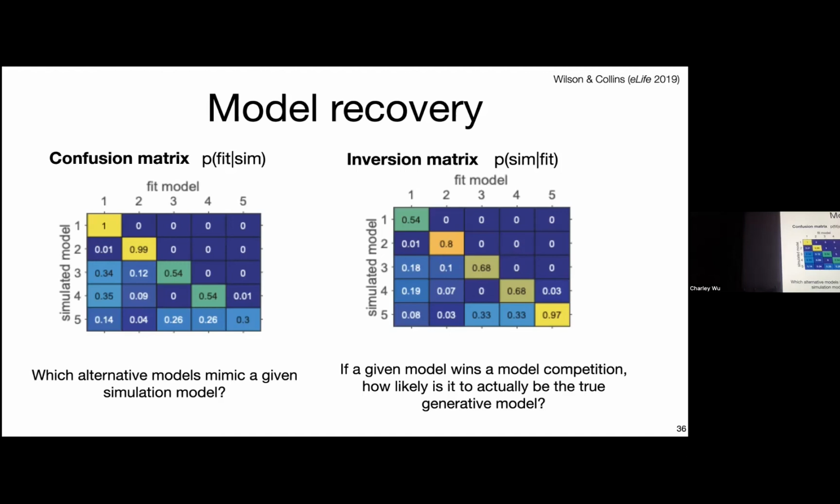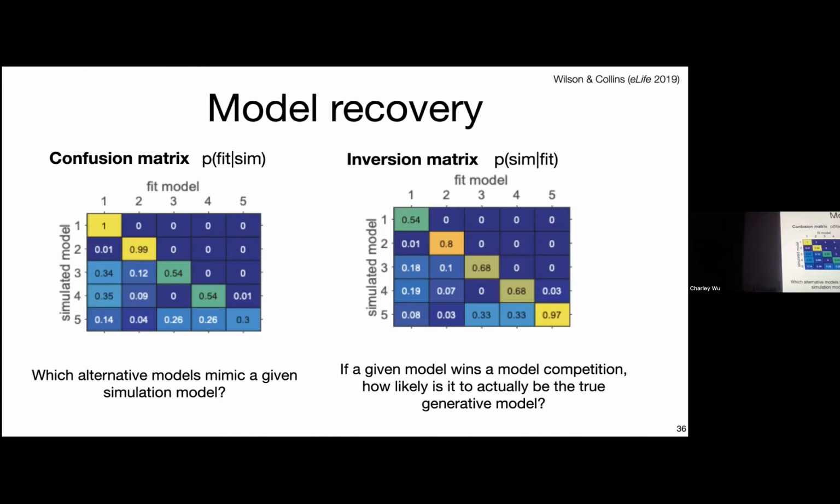And I think the most notable thing here is that for model 1, right, we're actually not very confident that when model 1 wins, it was the best generating model in the environment. And the reason for that is clear when we look down this column here. Look at model 3, look at model 4, right? When model 1 wins, there's also a reasonable probability that model 3 or model 4 actually generated the data, right?